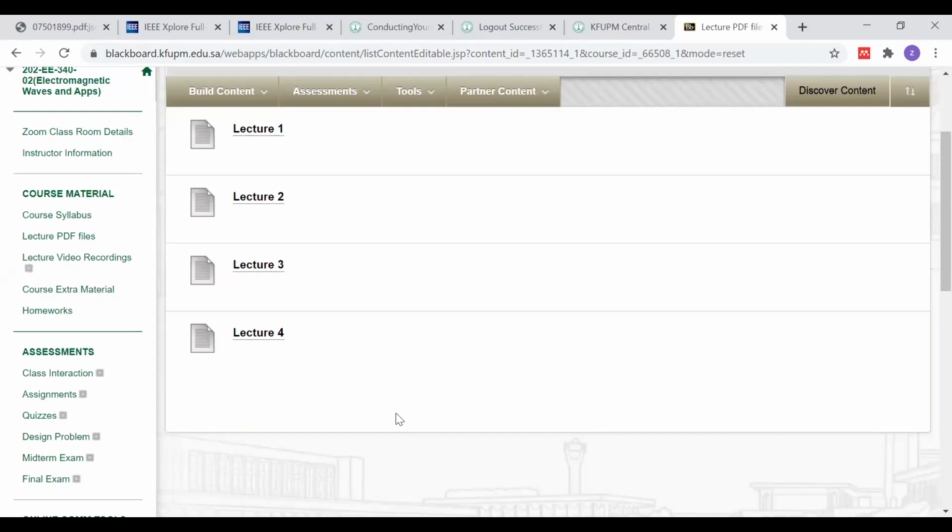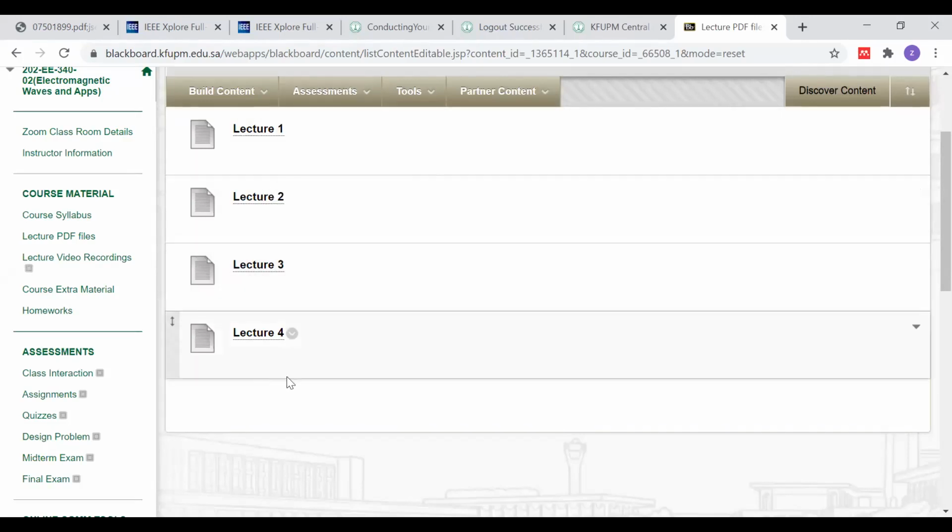Some of the problems are in the homework, but there are several which are not included. I encourage you to solve those problems, and not only from the Sadiku textbook. You can search on the internet, take other textbooks also, and solve from them.